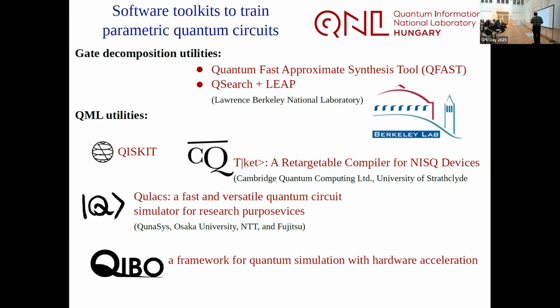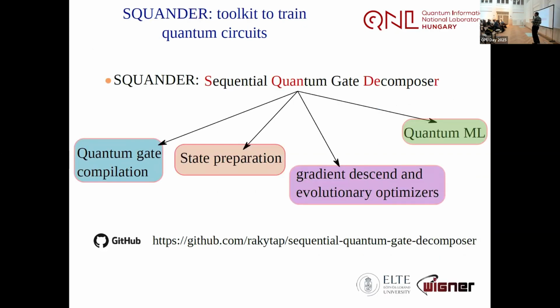And there is another software package developed here in Hungary called Squander, which is an acronym for Sequential Quantum Gate Decomposer. Initially, this package was designed to optimize quantum programs, but as we could develop more and more functionalities into the code base, we could add several other components, and now we can do state preparation, quantum gate compilation.